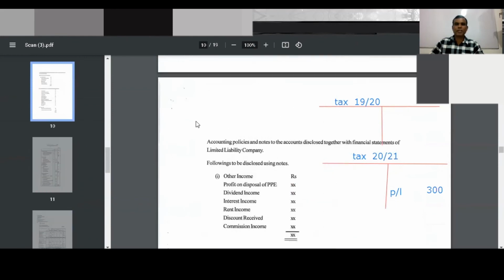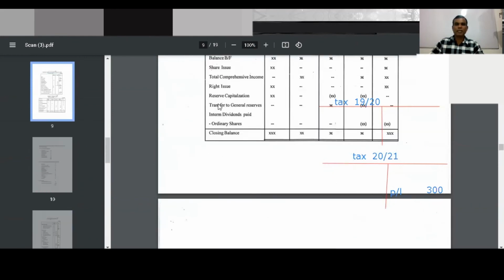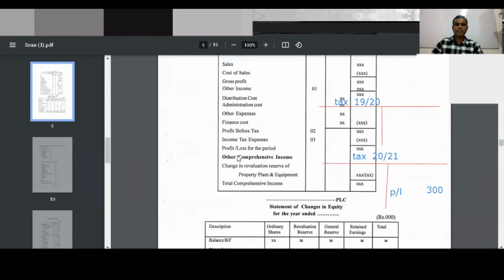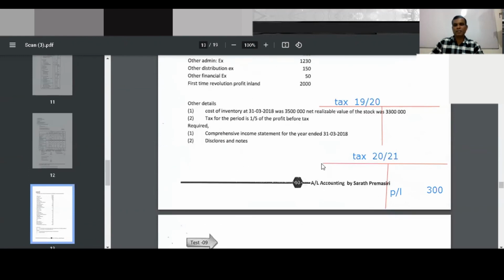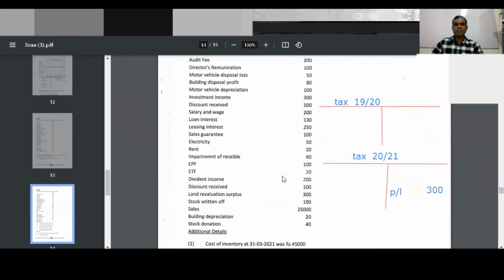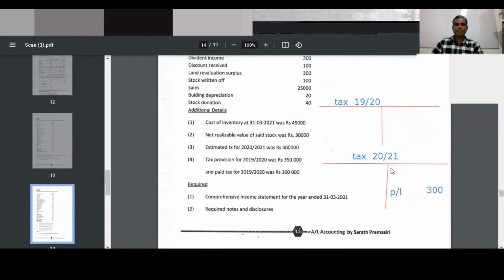In the income statement, here, income tax for the period, you can write it as 300. Then income statement debit 300 here, and then tax account credit. This is how you have recorded credit.